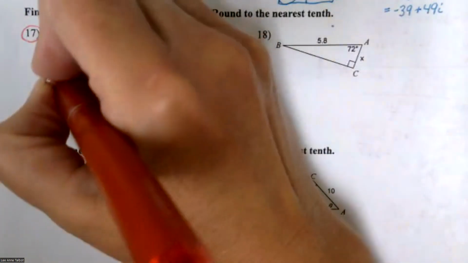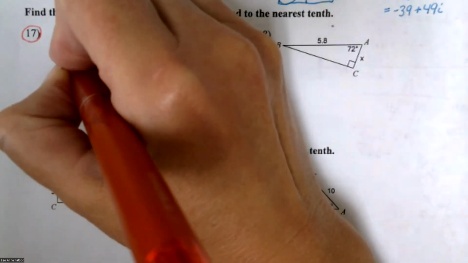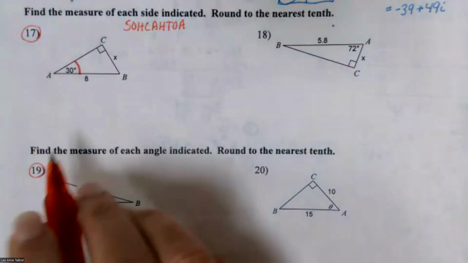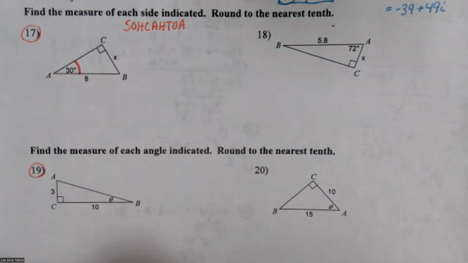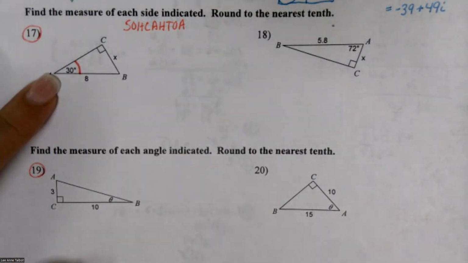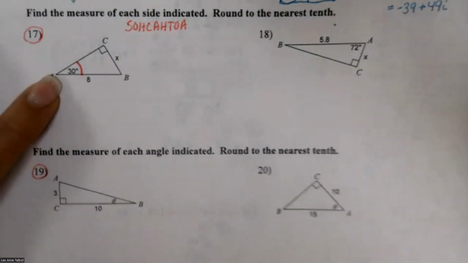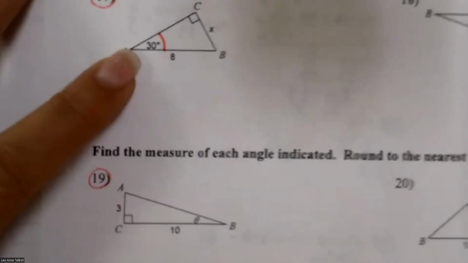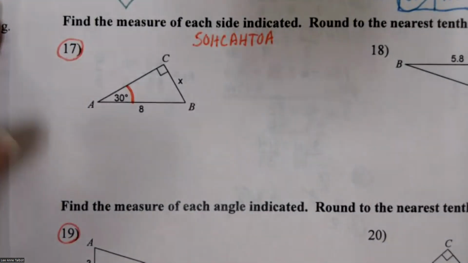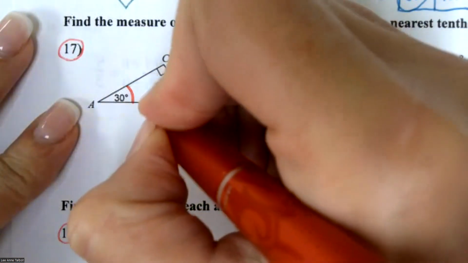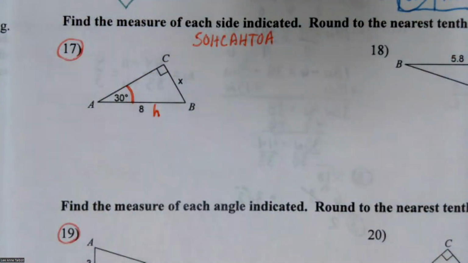Okay. I like to mark the angle for my visual because what I'm doing is seeing if my labeled sides are opposite, adjacent, or hypotenuse from that angle. And I always start with the hypotenuse. You guys tell me what the label is on the hypotenuse. 8, beautiful. And so I'm going to put a little H there for hypotenuse.